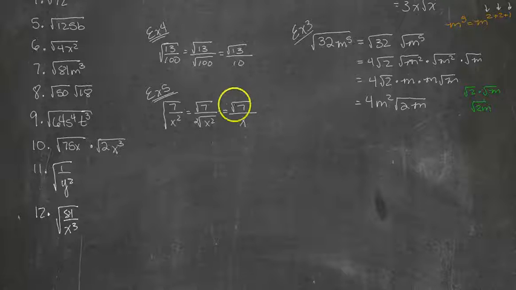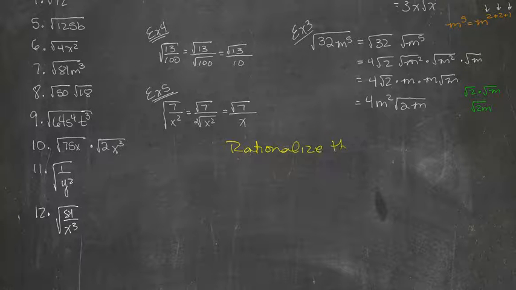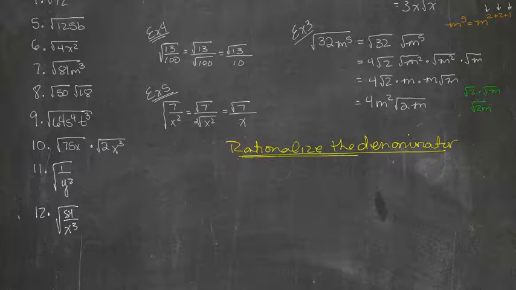All right, so a minute ago when I talked about the radical being in the numerator being totally okay, we are going to do something now called rationalize the denominator. And what that means is it's been historically a no-no to leave a radical in the denominator.